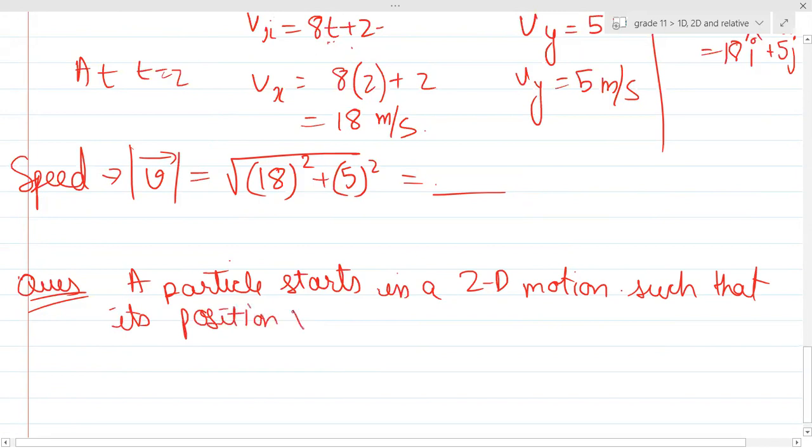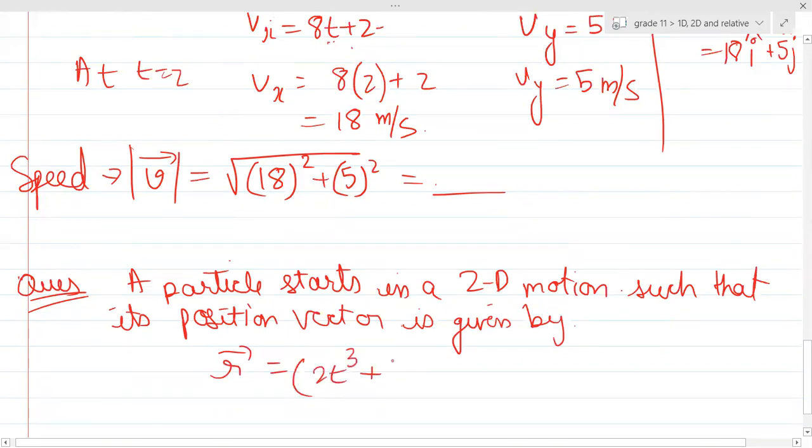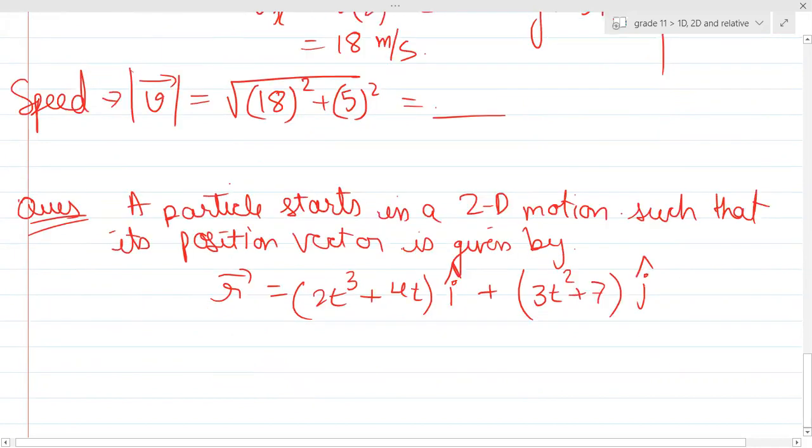The position vector is given. R vector is equal to (2t cube plus 4t) i cap plus (3t square plus 7) j cap. So can you see?